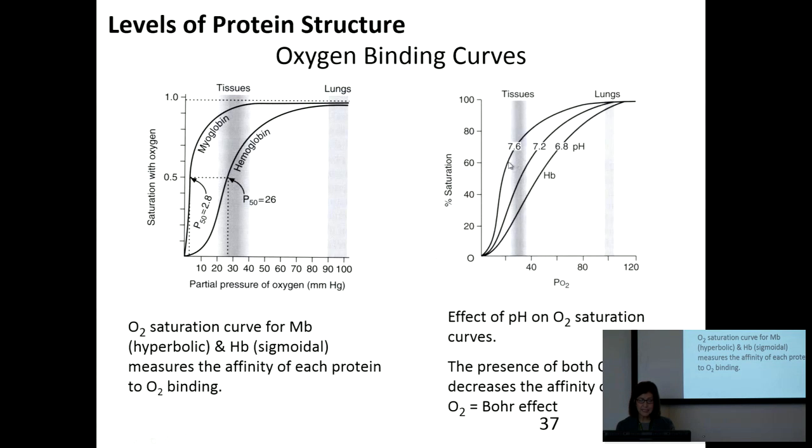So we need less oxygen around at this higher pH to get oxygen in there than we do with the lower pH. So does it make it easier to bind with higher pH or harder to bind? Easier. It's easier to bind oxygen to hemoglobin at higher pHs.